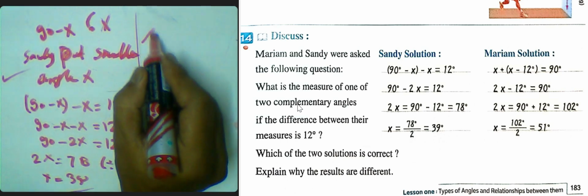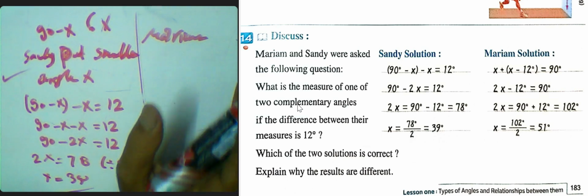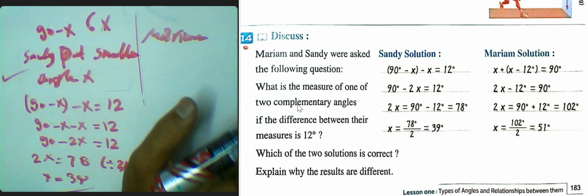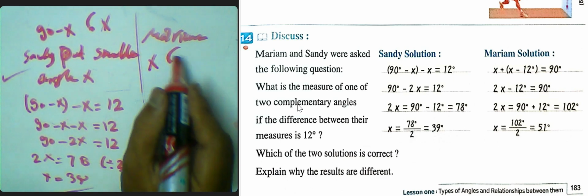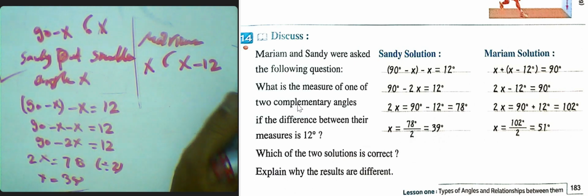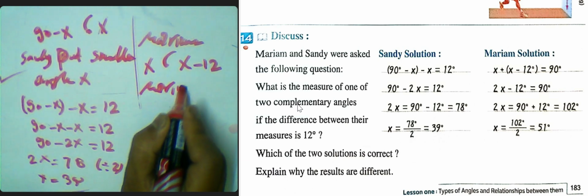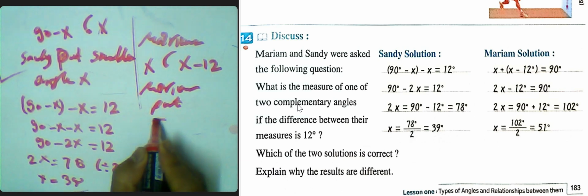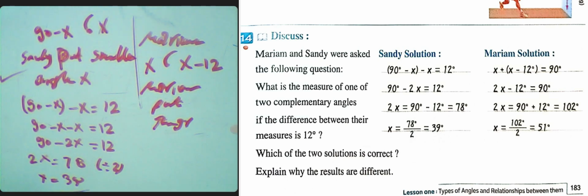And what about Mariam? Mariam's solution is true because Mariam put the greater angle x, and the smaller angle will be x minus 12 because the difference between them equals 12.